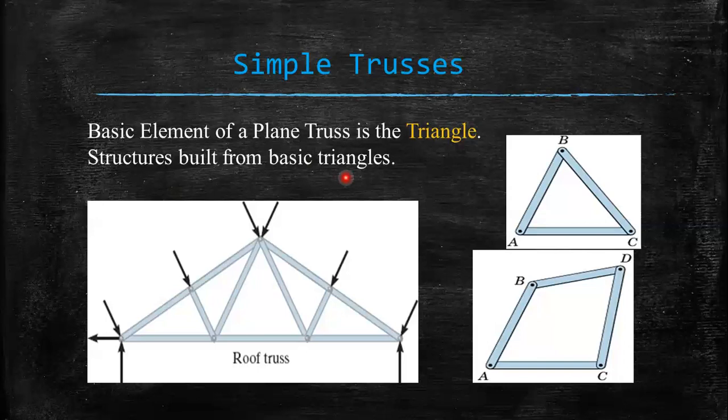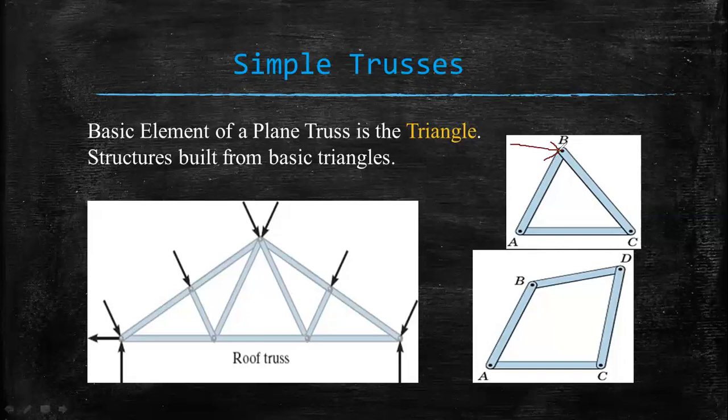And why do we provide triangles actually? One more benefit of the triangular structure is that, suppose this is one triangle, and if this is not a triangle, clear. While we are applying force at this particular point, what will happen actually?